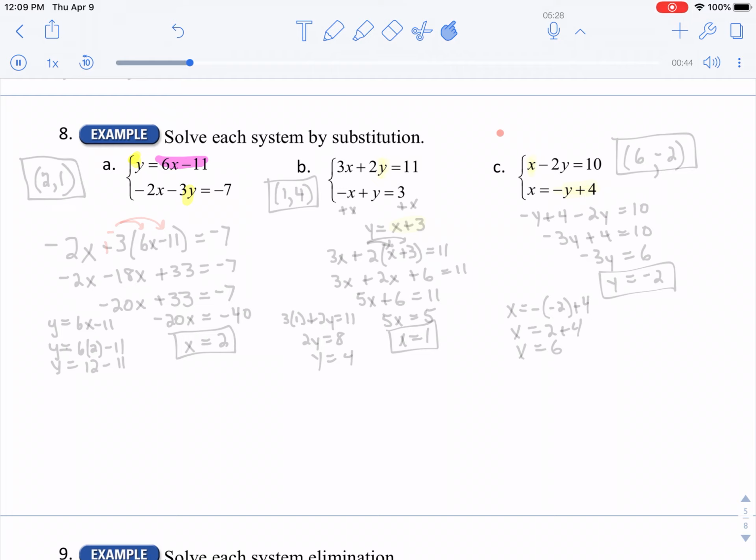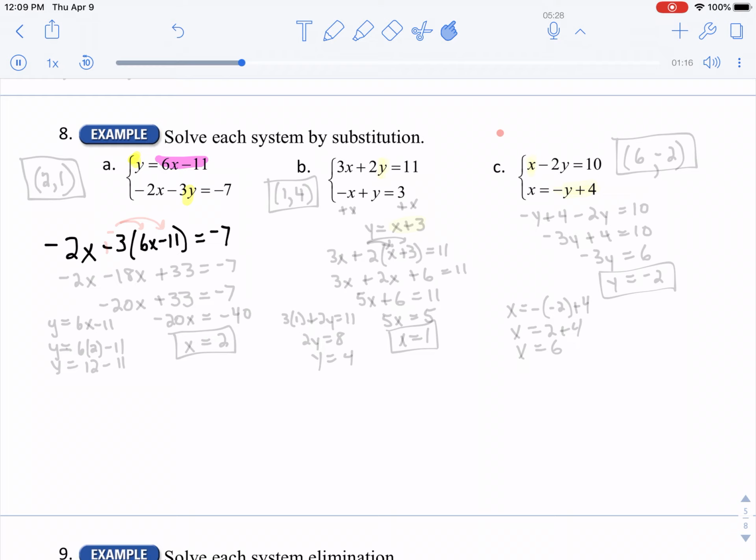So that gives us a negative 2x minus 3 times y, but we're going to take y out and substitute in its place what y is equal to. And the first equation says y is equal to 6x minus 11. And then that's got to equal a negative 7. So there's our setup.